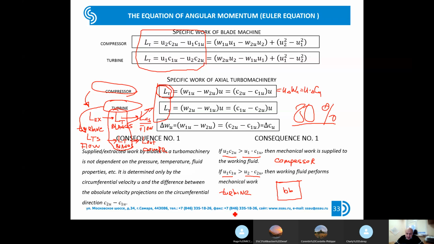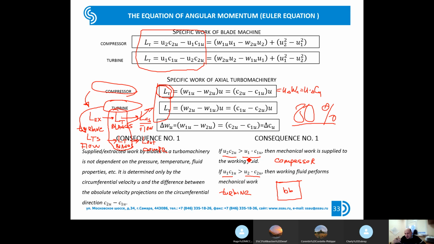Of course, this conclusion is rather strange, but sometimes during stage calculation, I think it will be a good idea to calculate the relationship between these values.